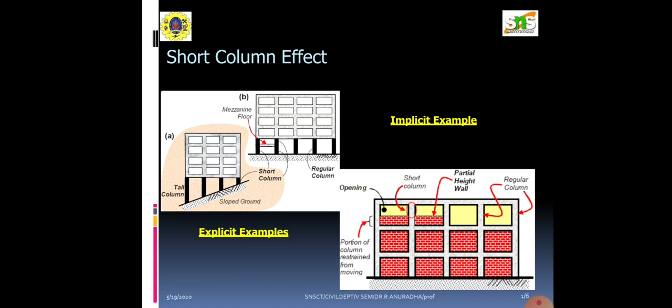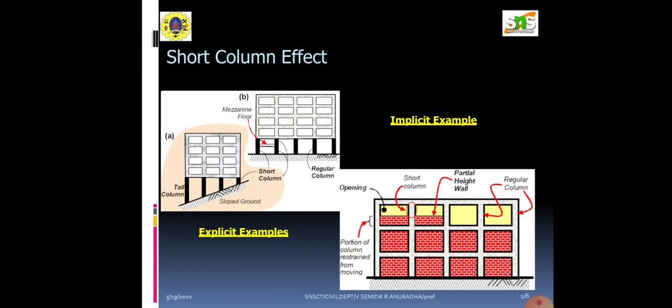In the next one, you can see an opening at the top. The portion of the column restrained from moving is one portion, and in the topmost portion there is a brick fill at half of the height, and the top portion is left out. You see this in corridors, where there is a hand wall so that students should not fall from there.